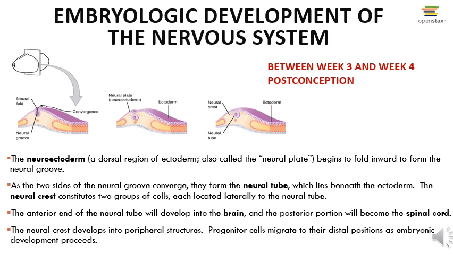If you take a look at our illustrations, starting with the illustration at left, you'll see the neural fold forming with its neural groove. You'll see the convergence taking place at the dorsal aspect. You'll see the superficial layers of ectoderm join.